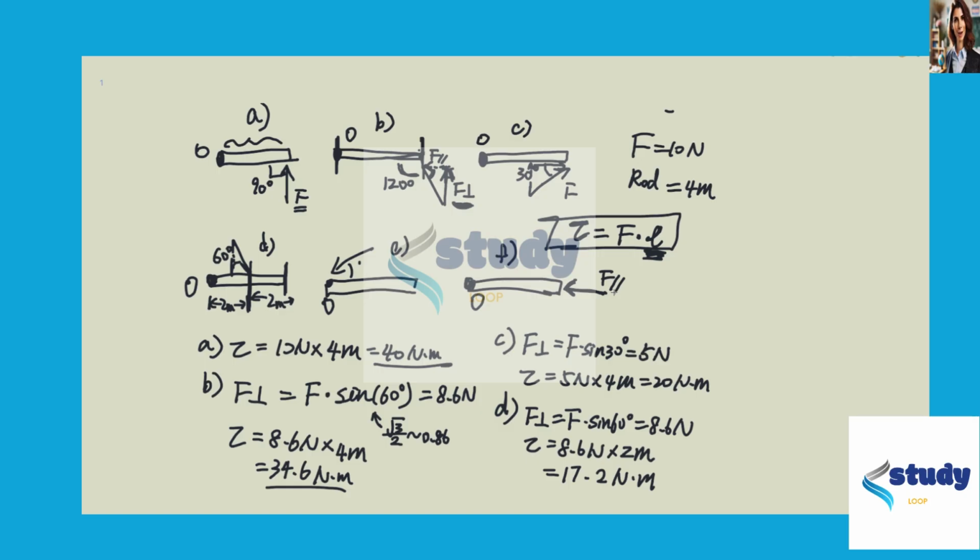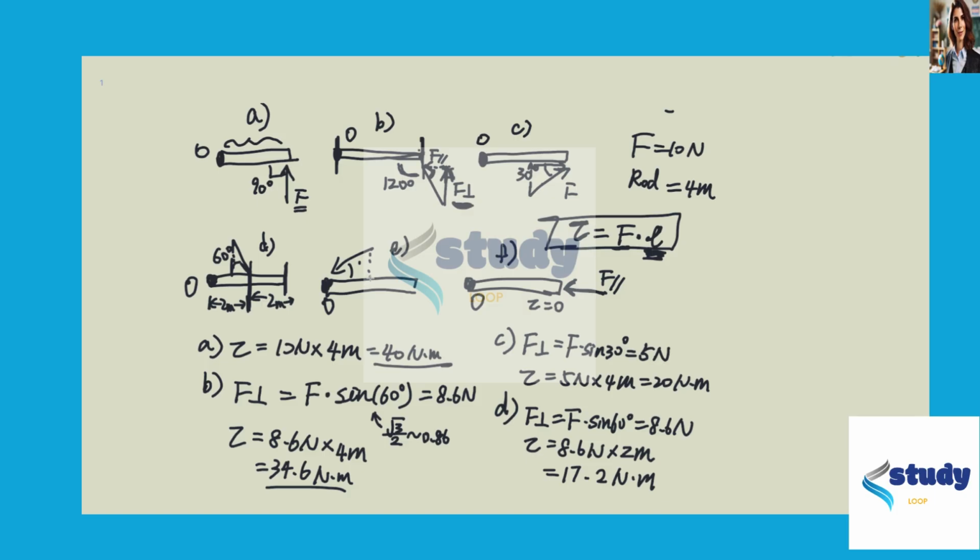But what about E? Let's come back to E. In E, the force does have a vertical component. It does have a perpendicular component to the rod. But if you think about it, you're not pressing onto the rod at all. You're pressing onto the pivot. And no matter how hard or in which direction you're pressing on the pivot, the rod itself will not move.